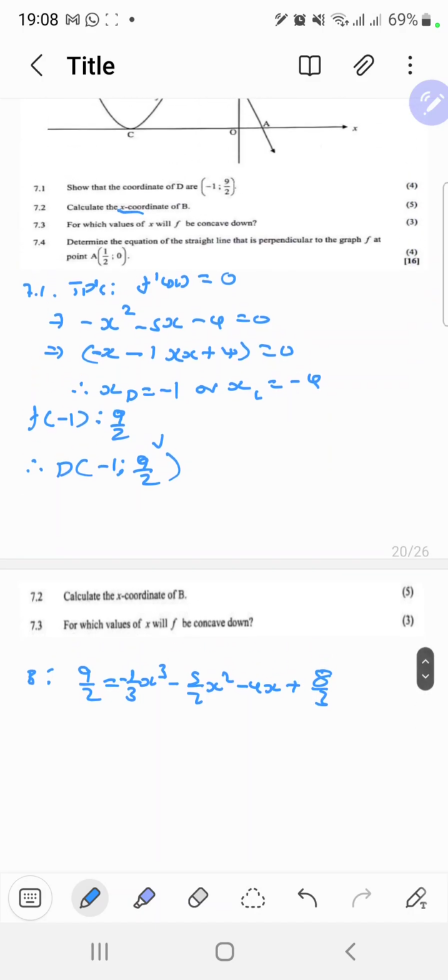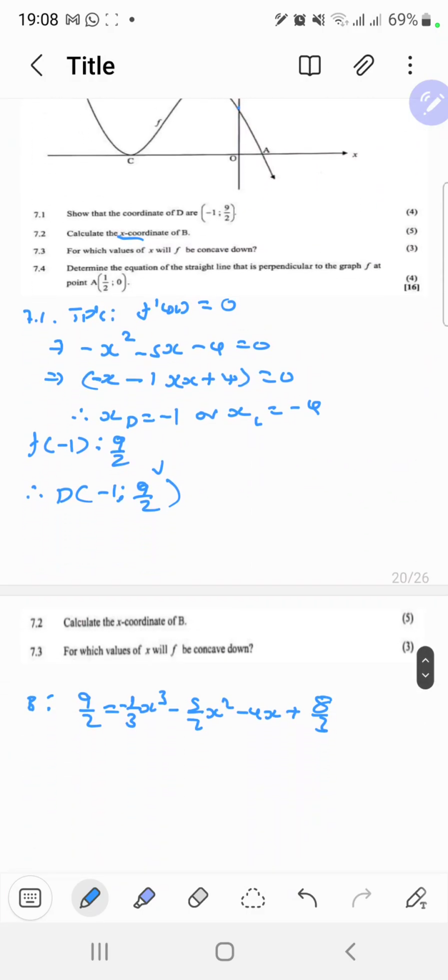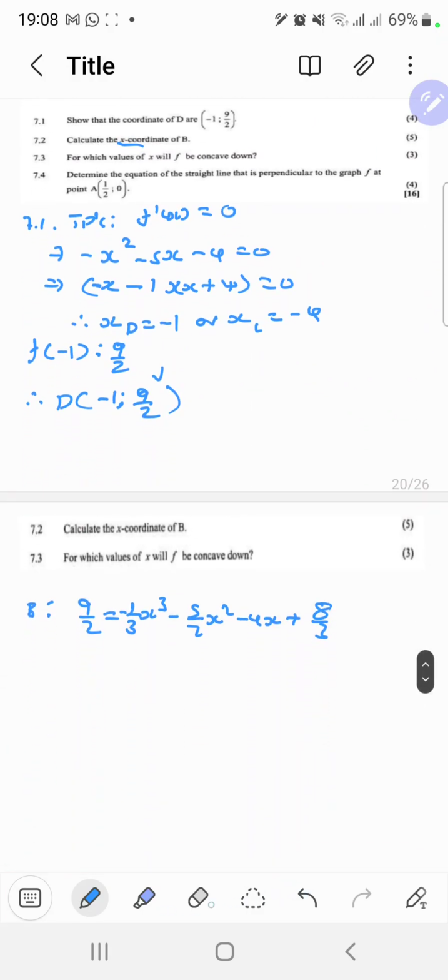Okay, so it is just basically our lovely expression there. But we know that at B, we're going to have the y value of 9 over 2.